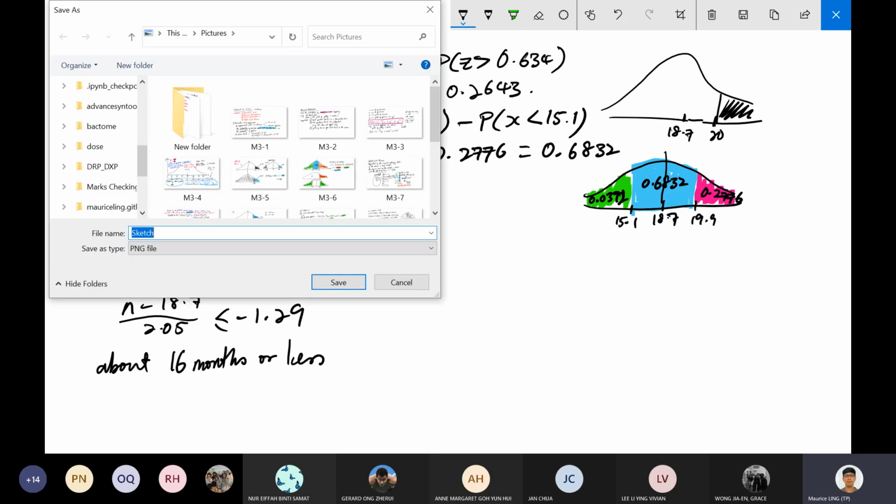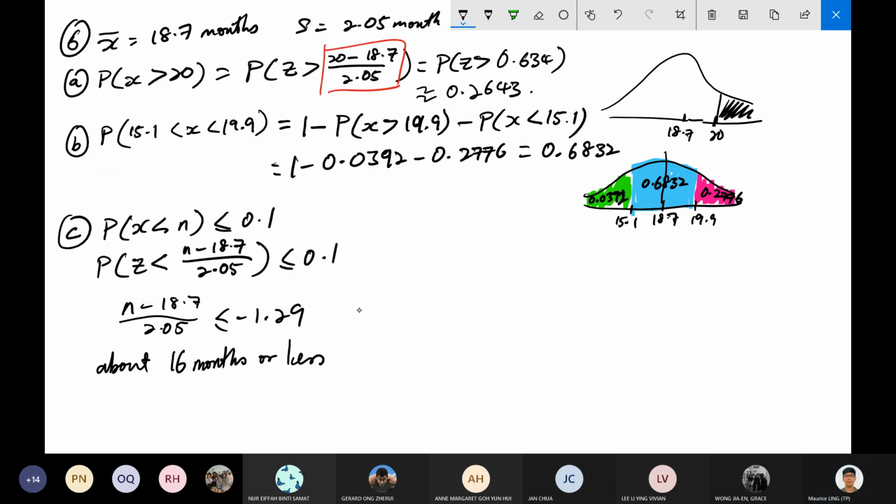Can somebody help me calculate what is n here? Minus 1.29 times 2.05 minus 18.7. Can somebody help me calculate what is this number?